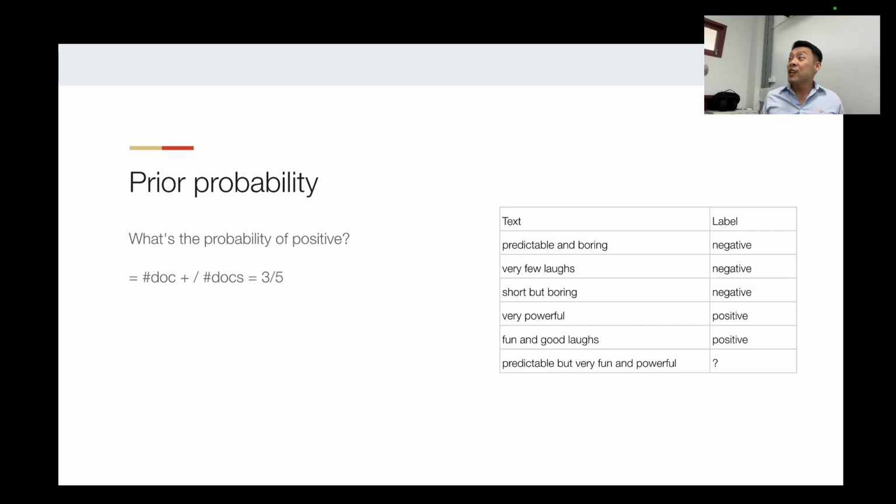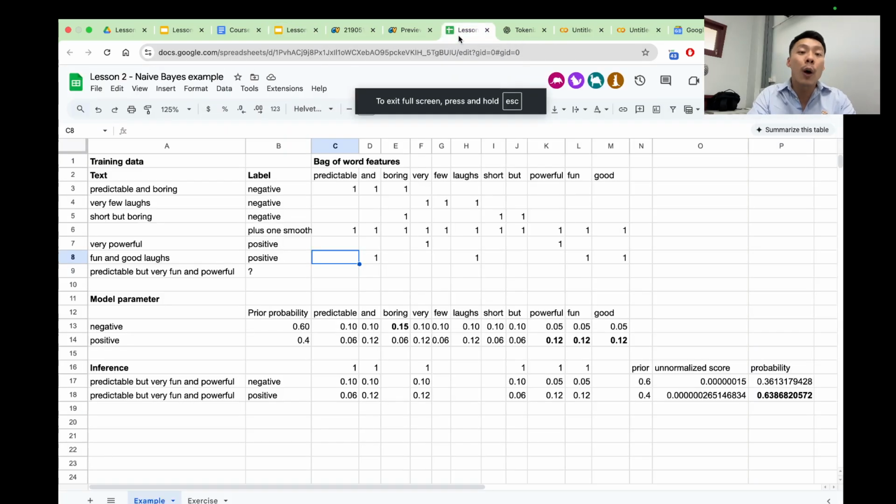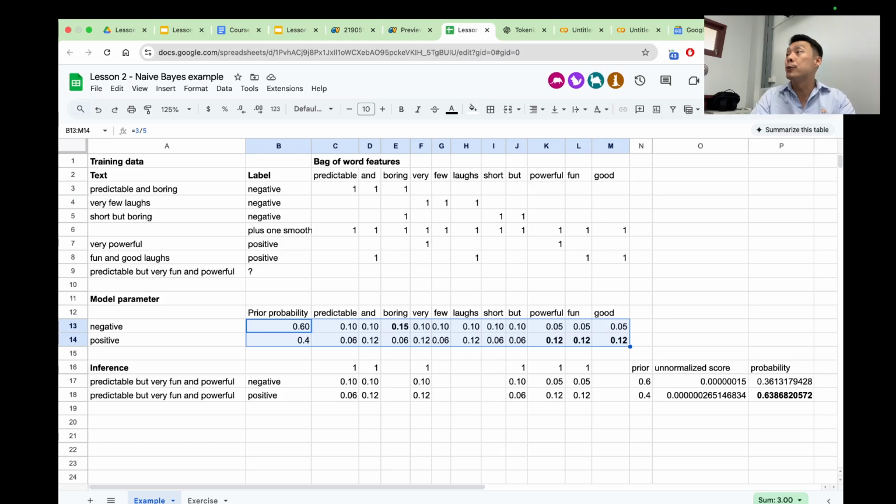So for the naive Bayes model, you only have to count and plug it into the formula. It's not very hard. First, you have to estimate the prior probability, because it's one of the parameters. These are all the parameters that you're going to train.